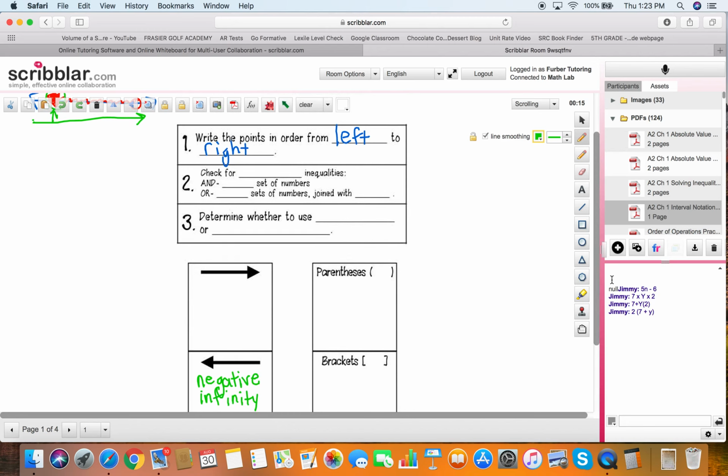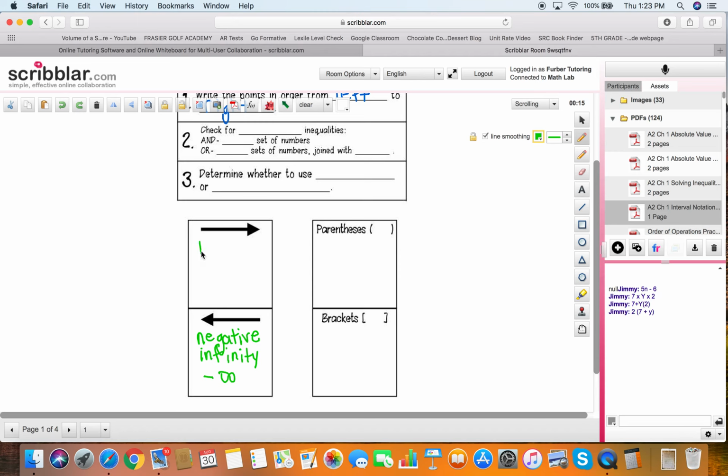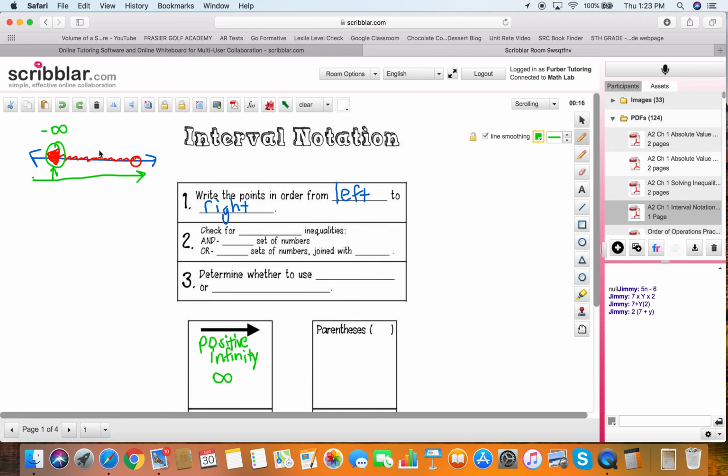Obviously it wouldn't be the first point you would come to, but when you got to that arrow, you would see that it is pointing to the right, and that would be considered to be positive infinity. And for that, we would use a positive infinity symbol, so nothing in front of it. Okay, so you write the points in order from left to right. So the next thing I'd come to would be this open circle, and we'll talk about what to do with that.